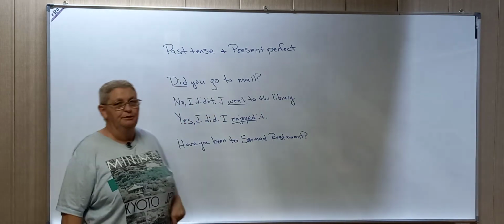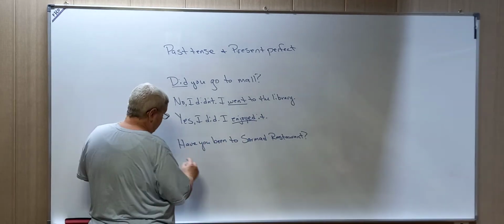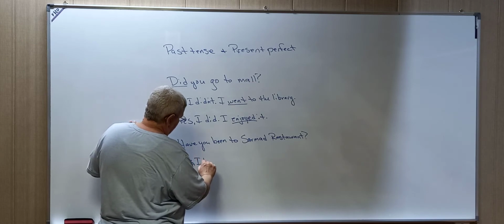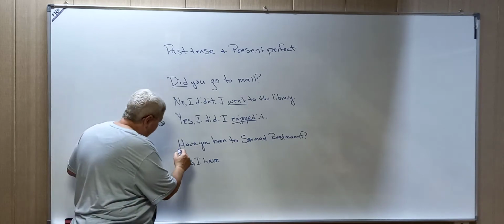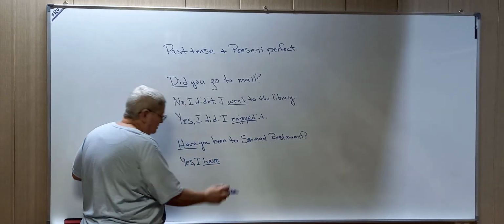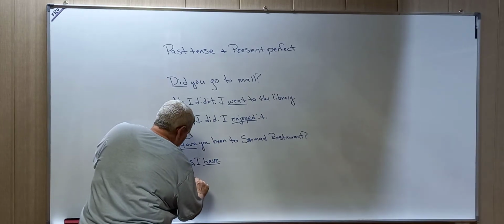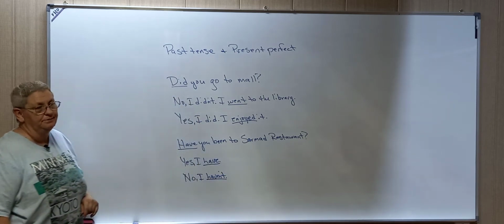Have you been to SARMED restaurant? Yes or no, because it's a yes or no question. Yes, I have. You asked it with have, you're going to answer with have. Okay? Or, no, I haven't. It's going to be negative.